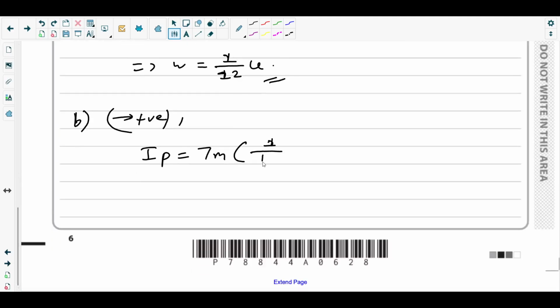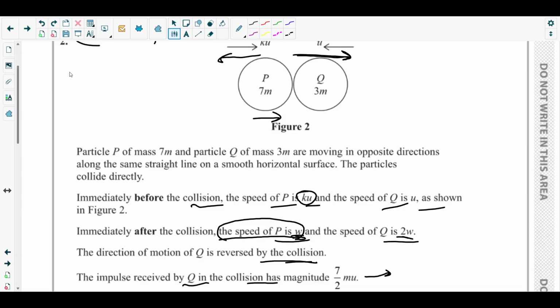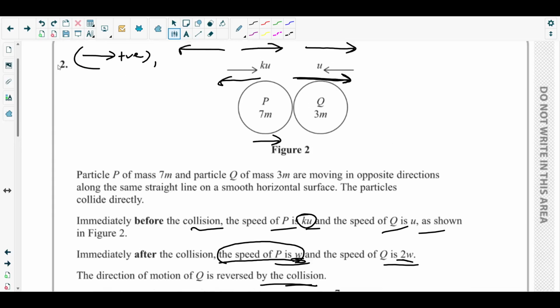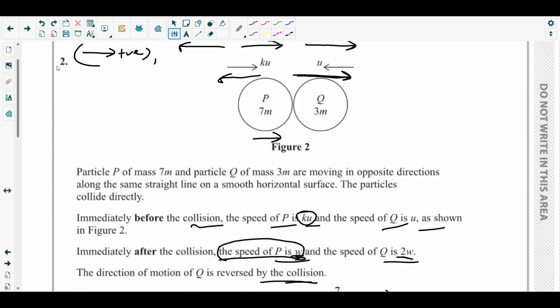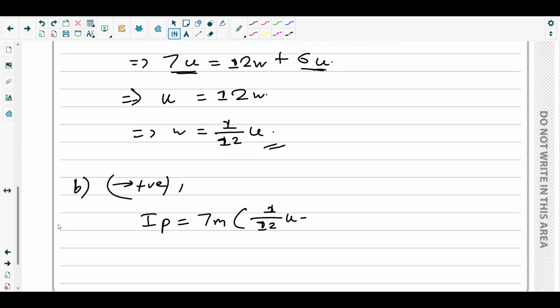So 1 over 12u minus initial velocity. Initial velocity is to the right, which is positive, right? Which is ku. You can see the speed of p before collision, it's ku. So minus ku. Or another impulse we will get if the speed after collision is negative.